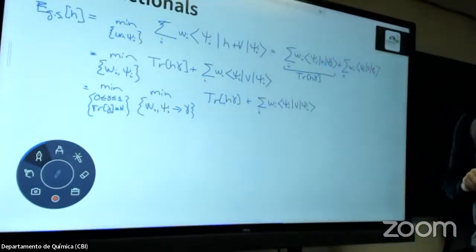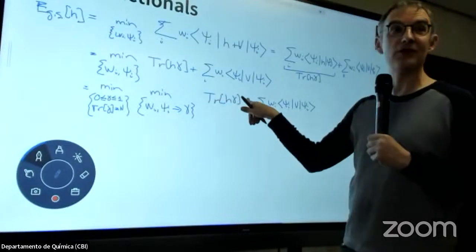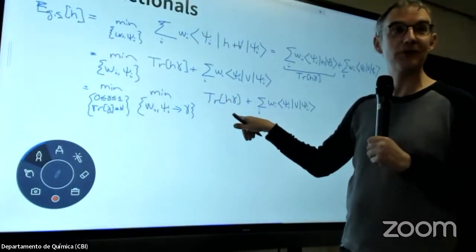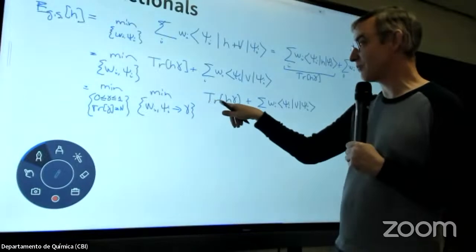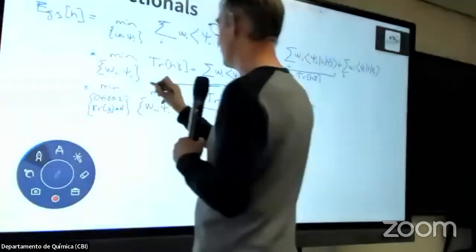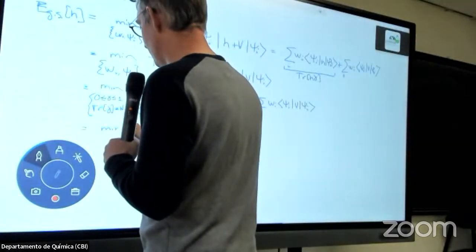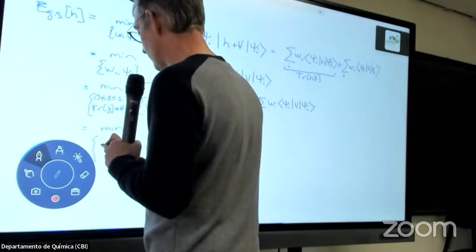We just break this into two pieces. But notice that the density matrix is fixed here, which means this term doesn't change at all in this minimum. So I'm allowed to move this outside the minimum.